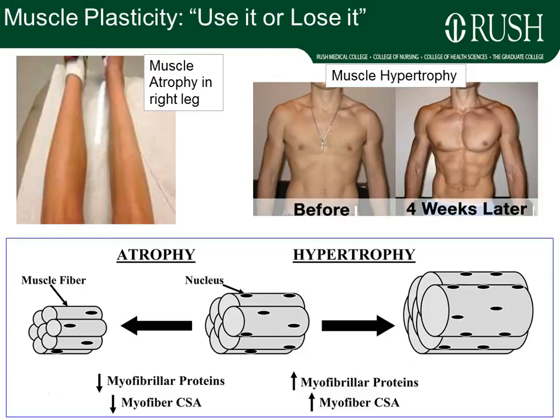So the concept of muscle plasticity means that if you don't use a muscle, or if you have denervation, or maybe you have a muscle or an entire limb that's immobilized after an injury, the muscles there will atrophy from lack of use or from denervation if there's nerve damage. But the opposite occurs when you have hypertrophy. So if you're building muscle, you can increase both the diameter and the number of myofibrils. So it's a use it or lose it situation.